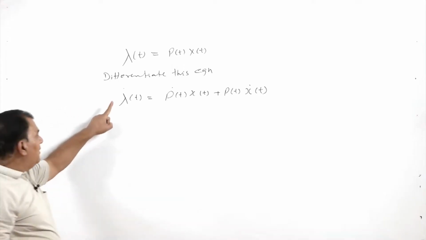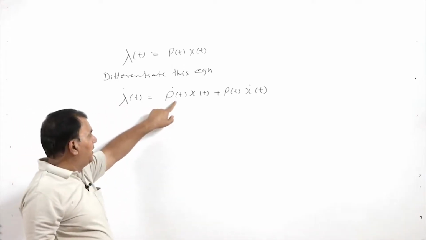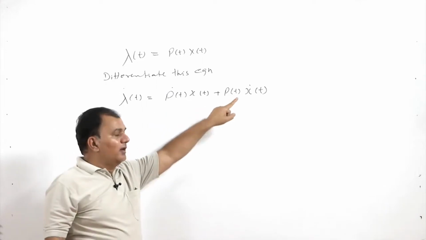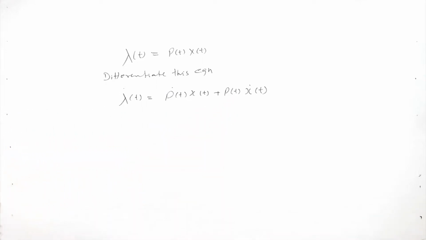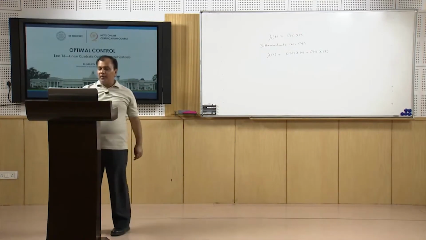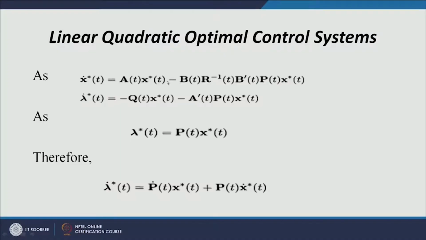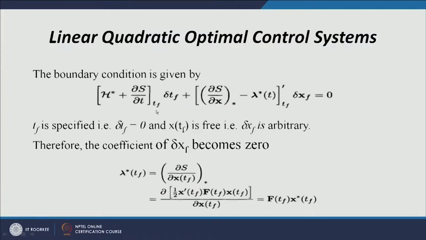So, I have the equation lambda dot(t) equal to P dot x plus P x dot, and the x dot and lambda dot values I can write in terms of my Hamiltonian equation.